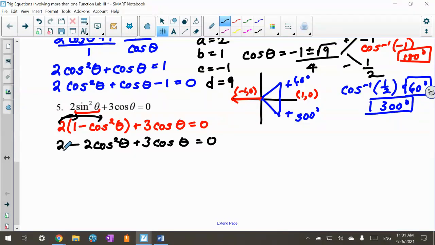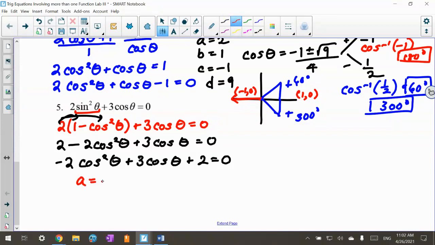Now I'm going to move them around. And so I have a negative 2 cosine squared theta because I have to have the squared first. Then the 3 cosine theta plus 2 equals 0. Now I can do the quadratic formula. So I have A equals negative 2, B equals 3, C equals 2.